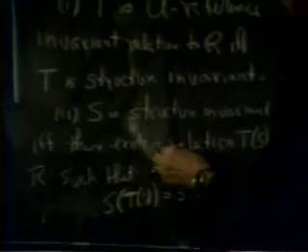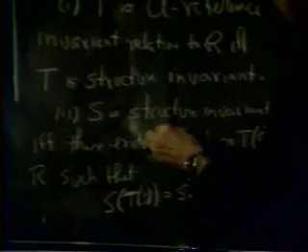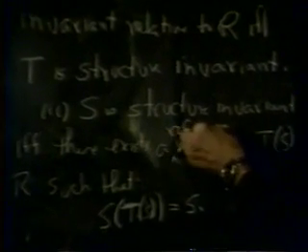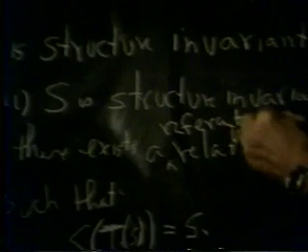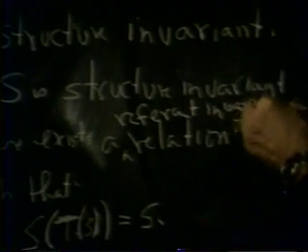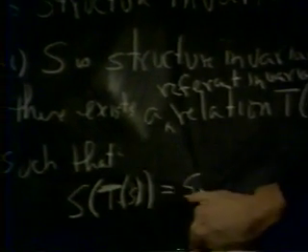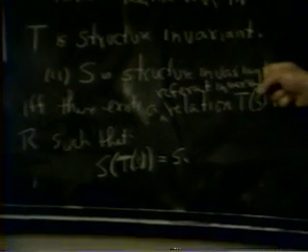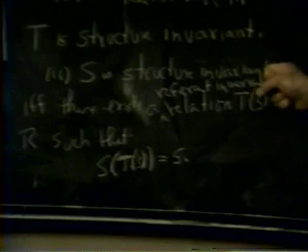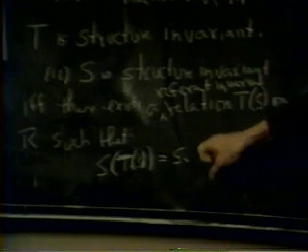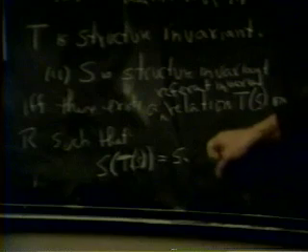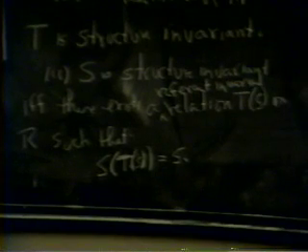There has to exist a referent invariant relation T of S such that the referent of T of S back in the original space is in fact the given S, so that any structure invariant relation is representable in the representation space by a referent invariant relation.